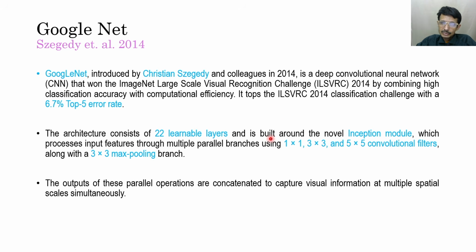One of the key innovations is this inception module, which processes the input feature through multiple parallel branches: 1x1, 3x3, 5x5 convolution filters, along with a 3x3 max pooling branch.